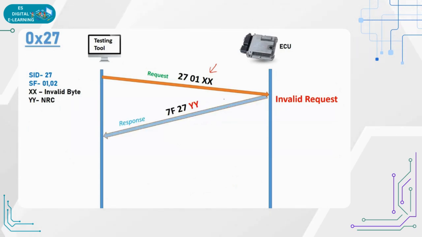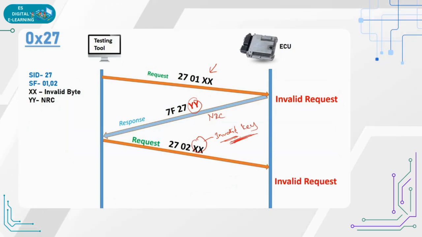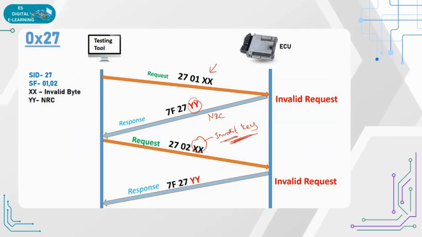You'll get the response 7F27 and YY, that means you'll get the NRC code. Similarly, when you are sending the key, if an invalid key is sent, that is an invalid request along with the key. So you'll get the negative response here.